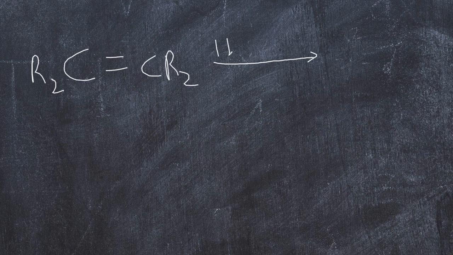Now we have an alkene. The arrow can represent anything in this case. Now the first thing, like I said, is this ion, the mercury salt. Let me just call it mercury salt for now.